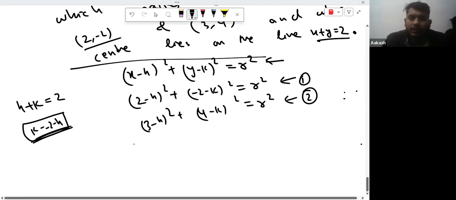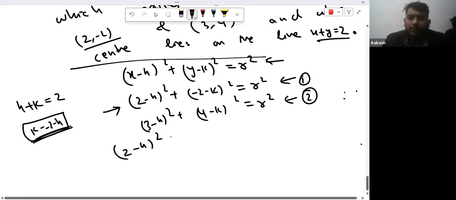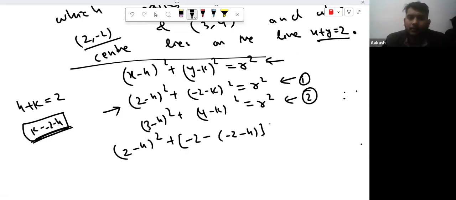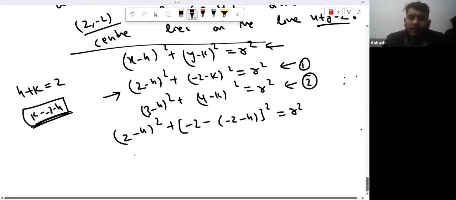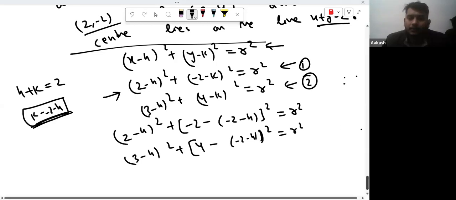So we can write, in this first equation, (2 minus h) whole square plus (-2 minus k), with k equal to 2 minus h, whole square is equal to r square. And in the second equation, (3 minus h) whole square plus (4 minus (2 minus h)) whole square is equal to r square.